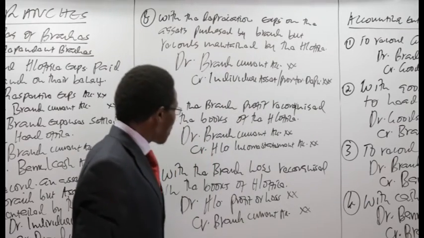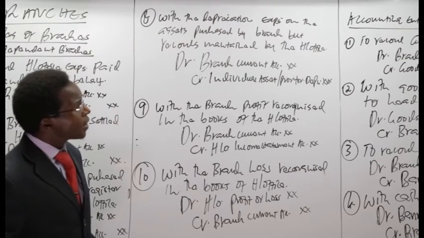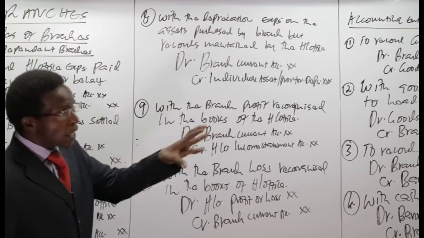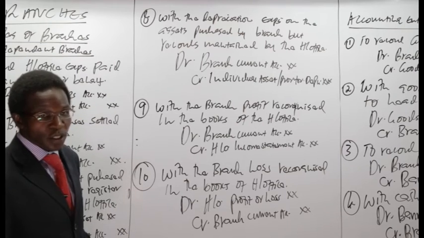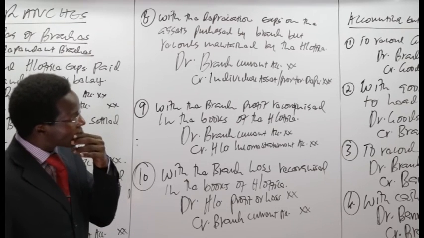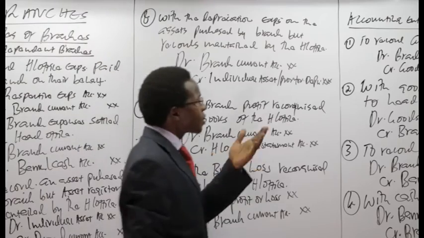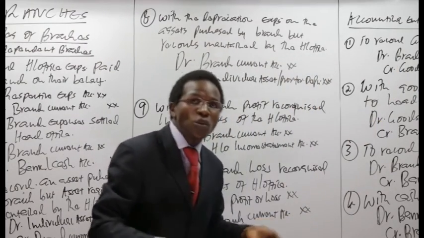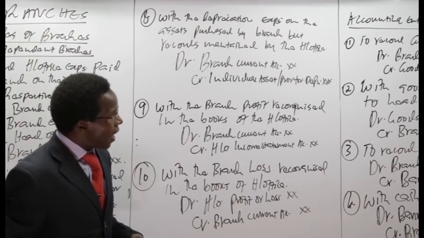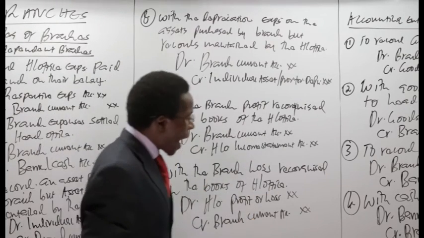Simple as that. But now, remember friends, this is in the books of the head office. We also have the books of the branch. In the books of the branch, instead of the goods sent, we are going to talk about the goods received. And maybe some of the items may change.